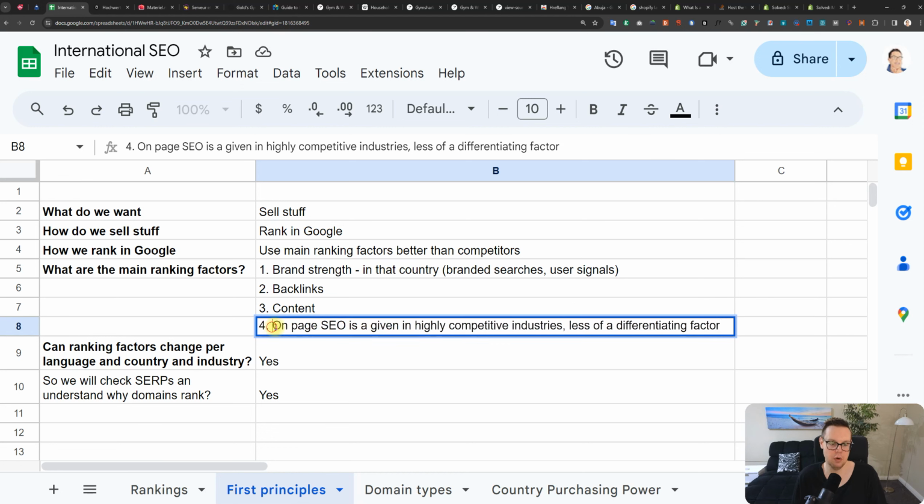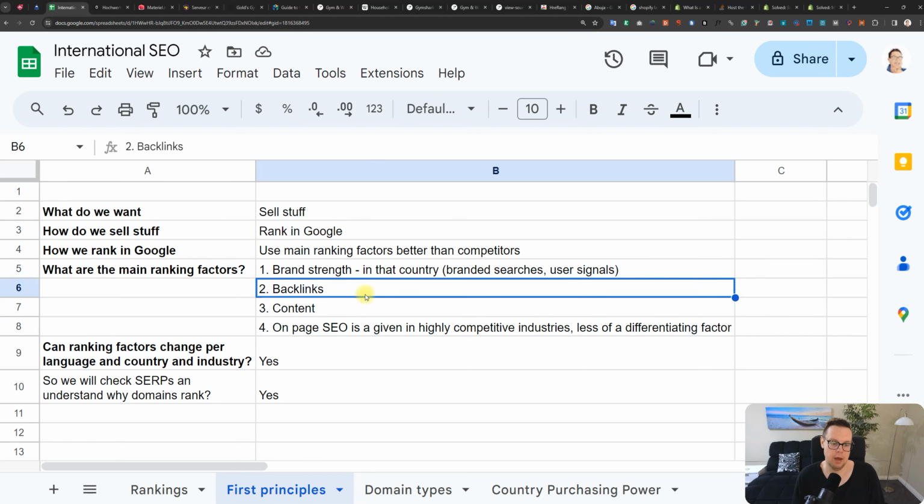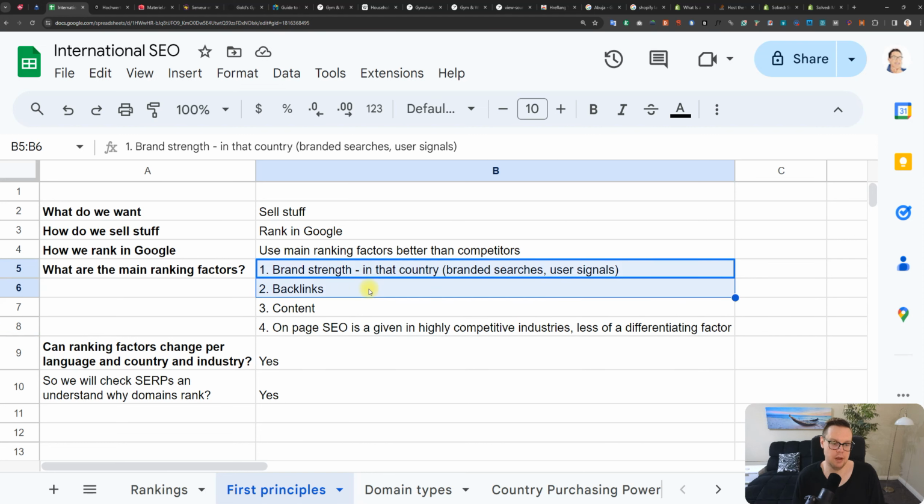And then on-page SEO in really competitive industries is not a differentiating factor. It's essentially everybody does on-page SEO, especially to their main category pages like gymwear for men. There's not going to be a single gymwear company who's got terrible on-page SEO there. And the top two factors I would say are brand strength and the backlinks. And that's one to consider when you're creating your international SEO strategy.